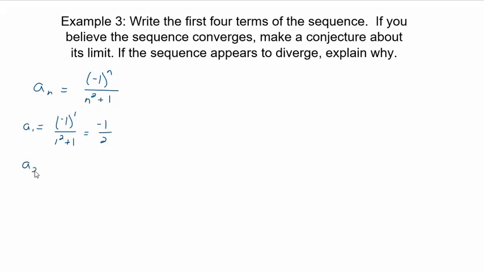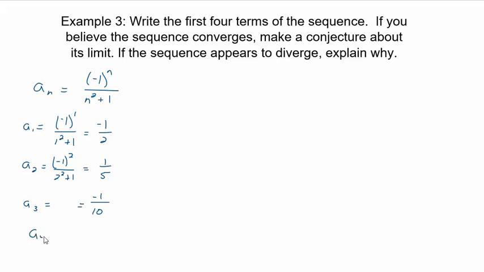A sub 2 is going to be -1 squared, and then 2 squared plus 1, so that's going to be a positive 1 over 5. A sub 3 is going to be -1 to the third power, which is -1, and then 3 squared plus 1, which is 10.